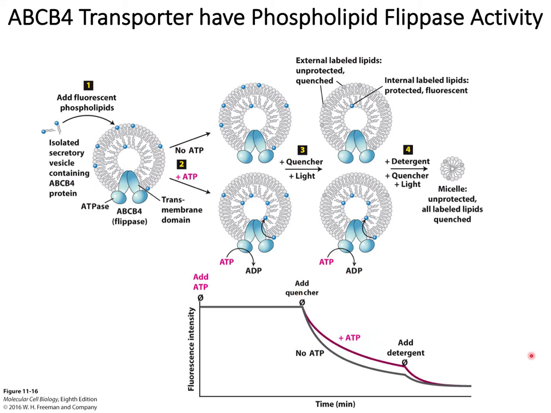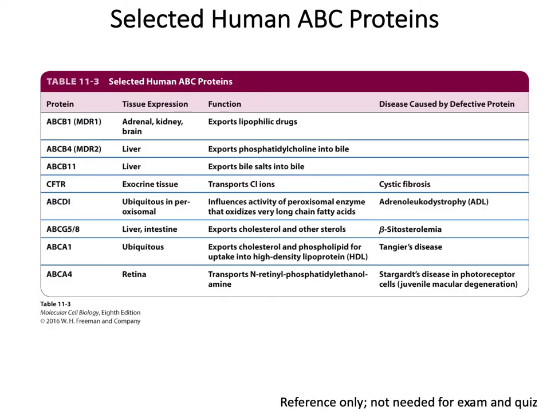In the last step, step 4, which can be used as a control, addition of detergent to the vesicles generates micelles and makes all the fluorescent lipid accessible to the quenching agent, and all the fluorescence will be quenched and drop, as shown in the graph. So this is a classic example of the phospholipid flippase activity of the ABCB4 transporter.